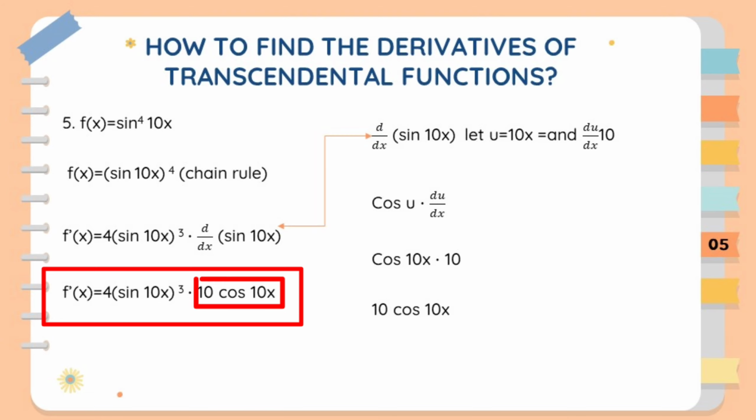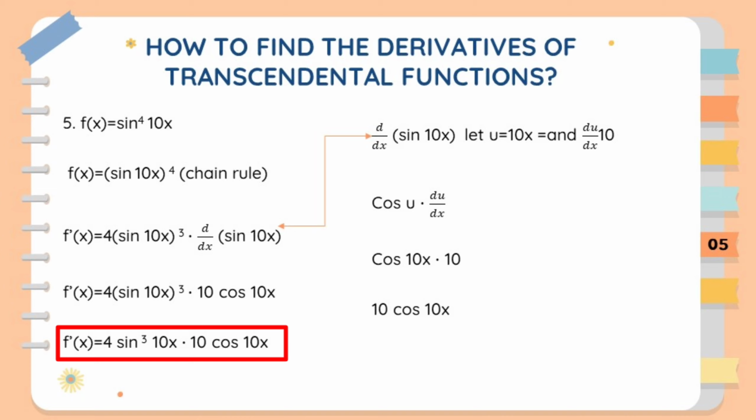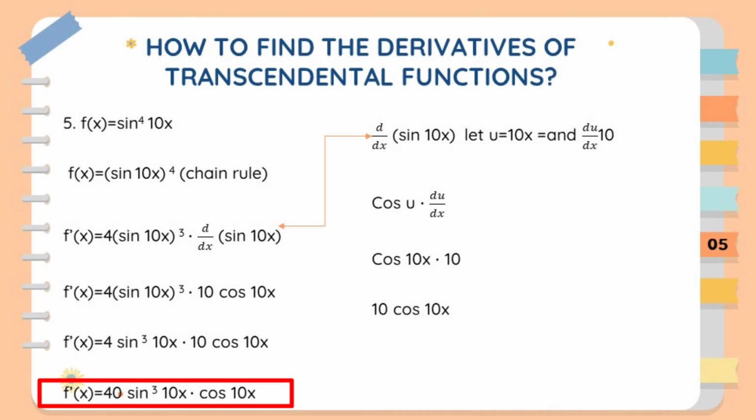Then we will rewrite it as f prime of x equals 4 sine cubed 10x multiplied by 10 cosine 10x. And since 4 and 10 can still be multiplied, we will simplify it and we get f prime of x equals 40 sine cubed 10x multiplied by cosine 10x. So, this is our final answer.